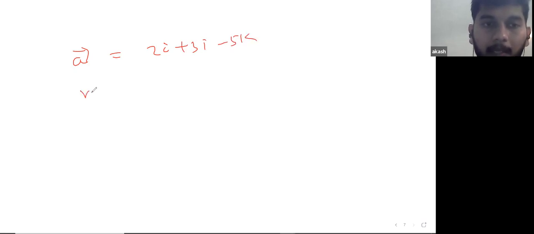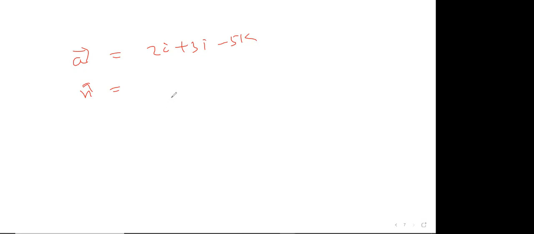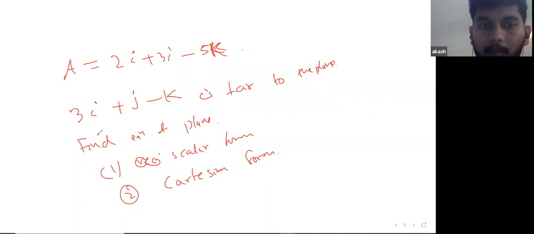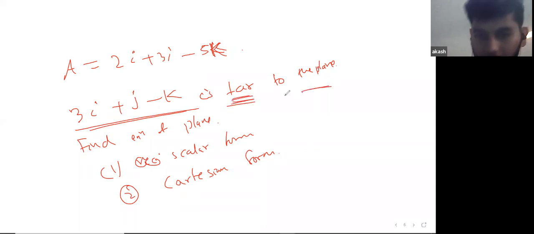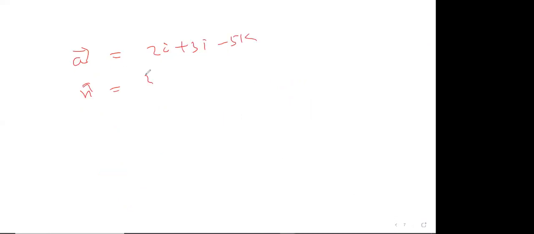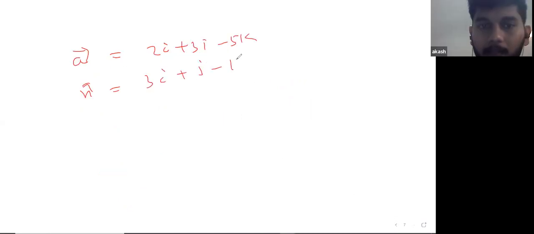And n vector is given as... can you tell me what the n vector is here? Here is the question. This is the n vector, right? 3i plus j minus k, because this is perpendicular to the plane, right? Yes, sir. Okay, so 3i plus j minus k.